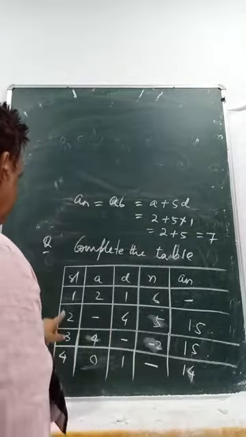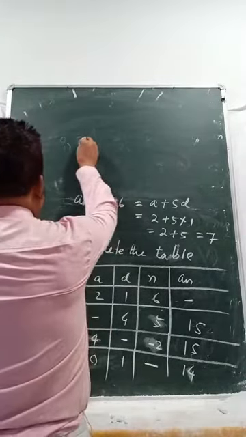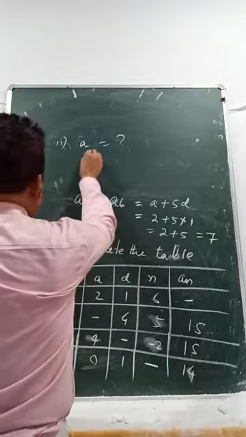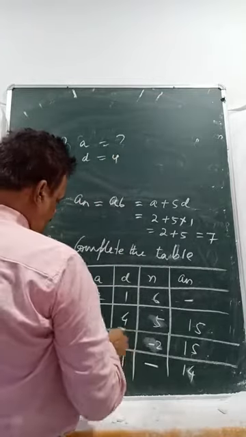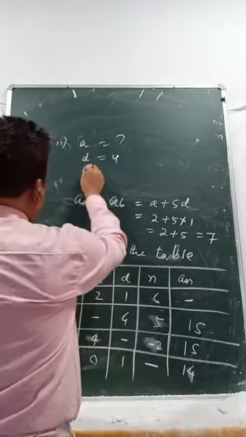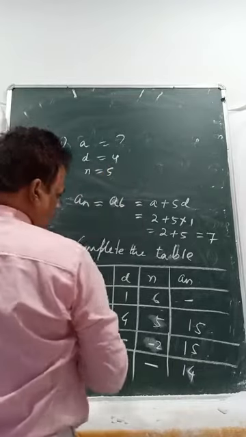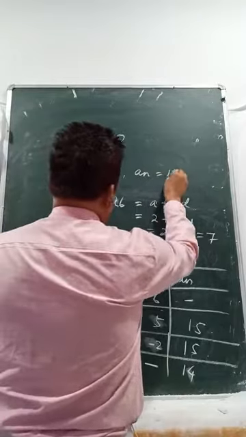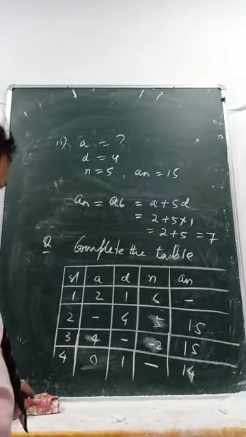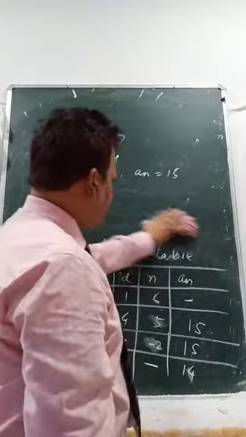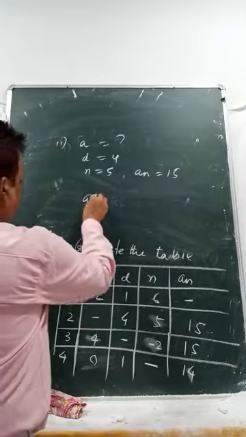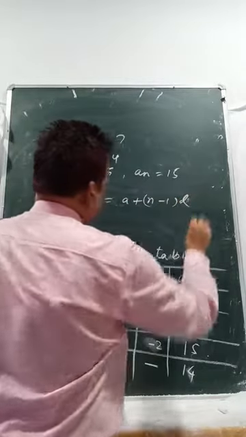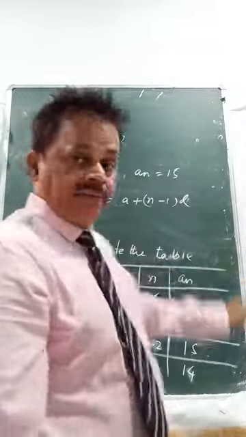Come to the second one. A is not given. A is a question mark. D is 4, n is 5, an is 15. So I can write here, what is the nth term formula? A plus n minus 1 into D. That is the formula given to us.